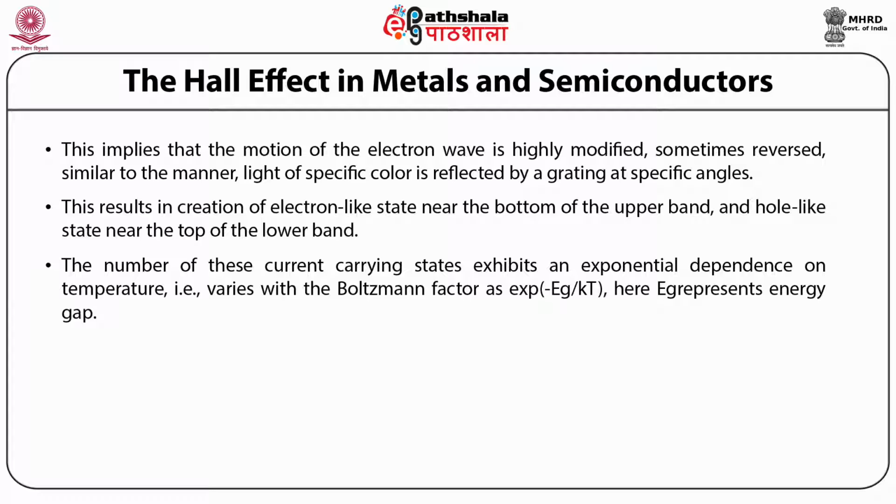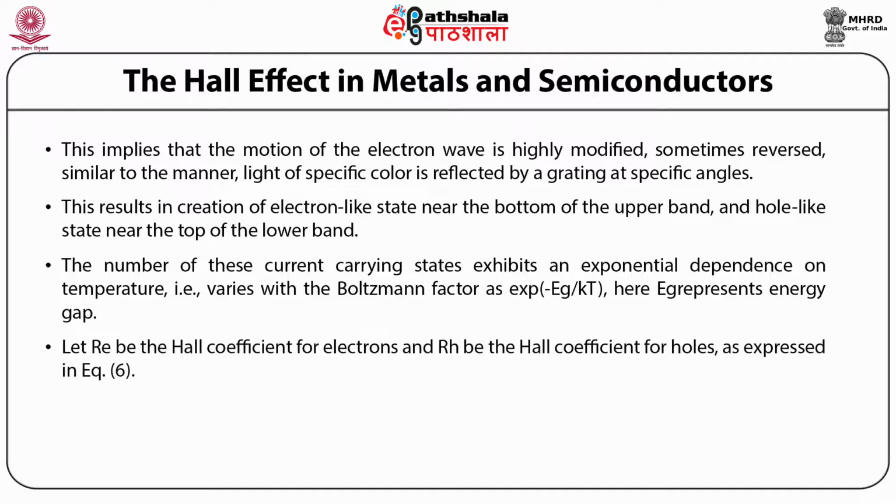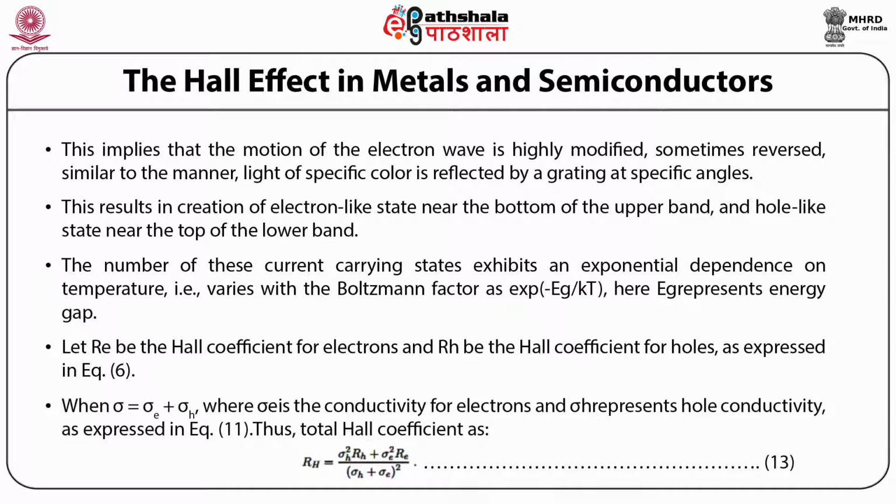The simultaneous existence of electron and hole states forms the basis of the two-band model of the Hall effect. Let Re be the Hall coefficient for electrons and Rh be the Hall coefficient for holes, as represented in equation 6. Sigma is equal to sigma E plus sigma H, where sigma E is the conductivity of electrons and sigma H represents the hole conductivity, as expressed in equation 11.